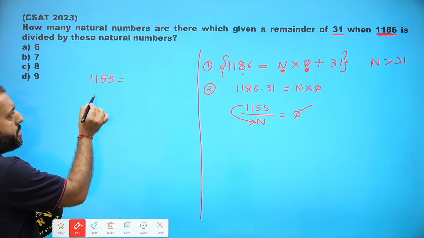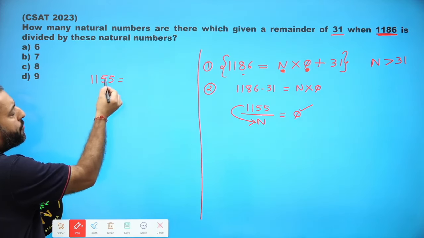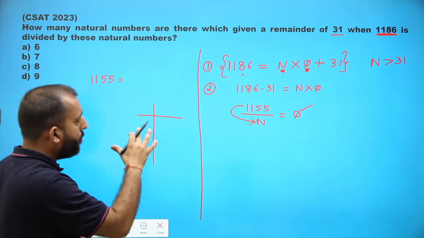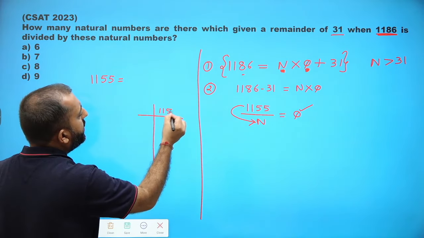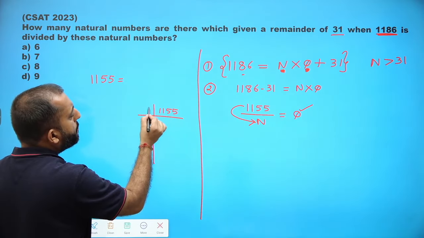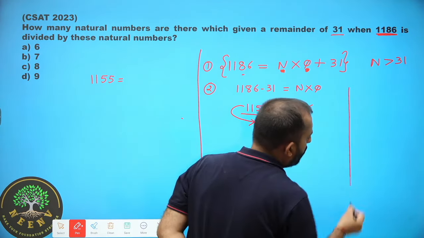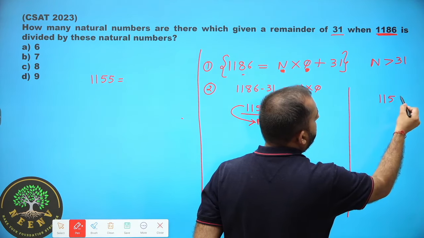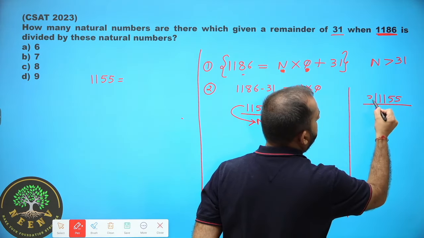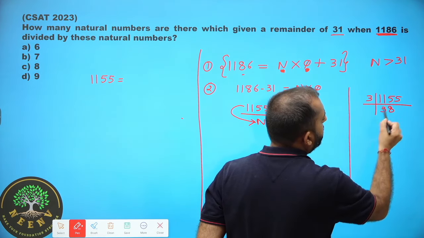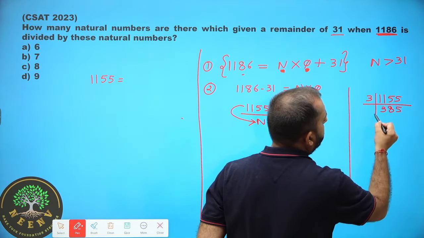Okay, so let's try to calculate all the factors of 1855. So first thing is to write down 1855 in its prime factorization form. How to write it down? Divide 1855 by 3 first. Let me do this rough work over here. 3 3s are 9, 3 8s are 24, 3 5s are 15.